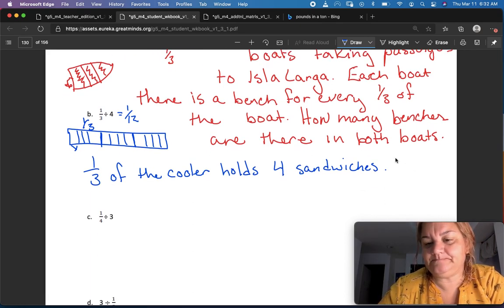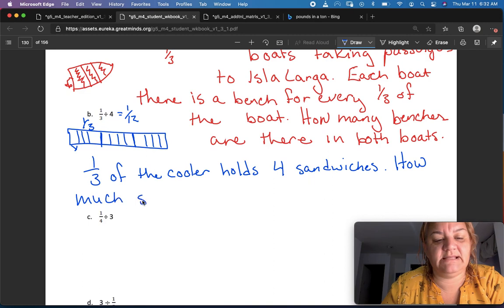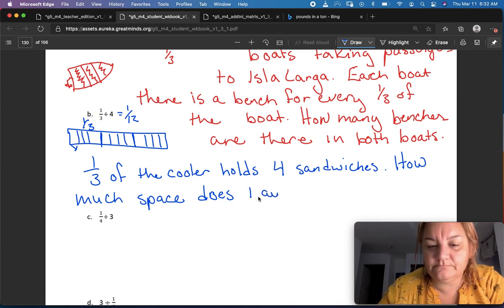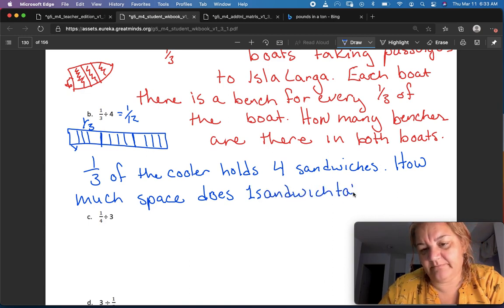How much space does one sandwich take up in the cooler?